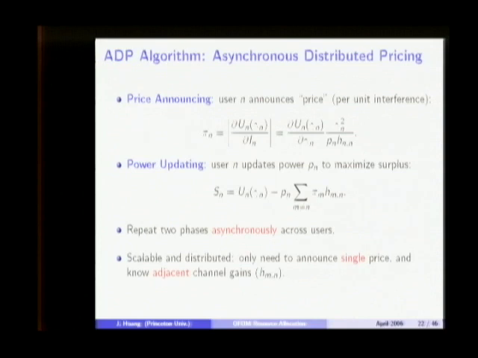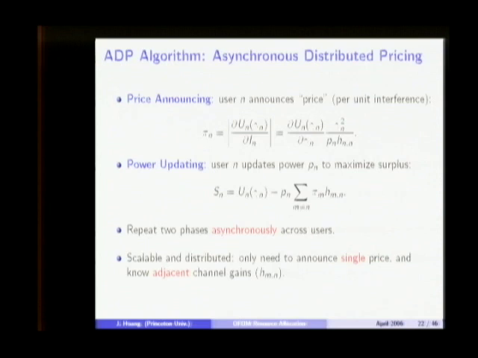This represents the sensitivity of the utility function to the current interference level, and it is always positive. Right? And we can do some simplification and realize this price can be calculated by knowing the utility function, the current SINR, the transmission power, and the channel gain between the user's transmitter and receiver. Everything is local information, which means this price can be calculated locally.